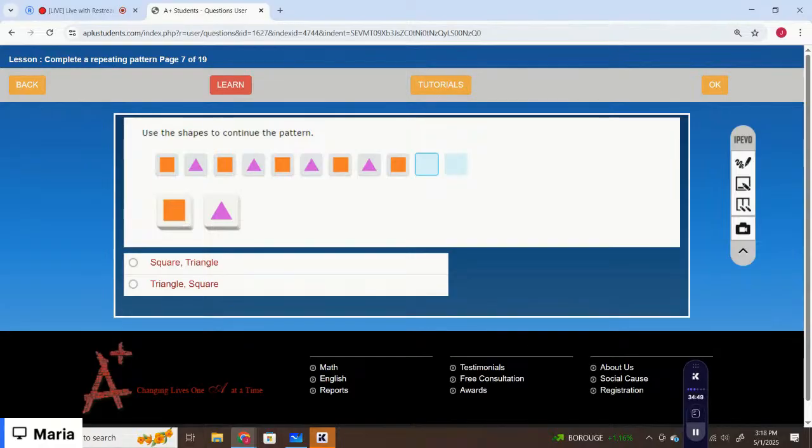Use the shapes to continue the pattern. Triangle, square, triangle, square. So we have square. Then the next one is triangle and square. Option number 2 is the correct option.